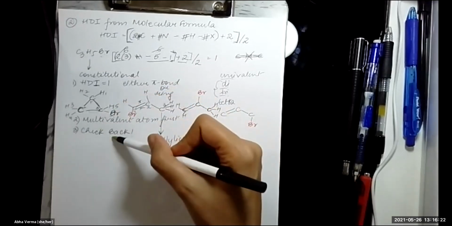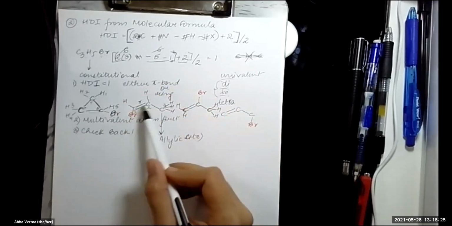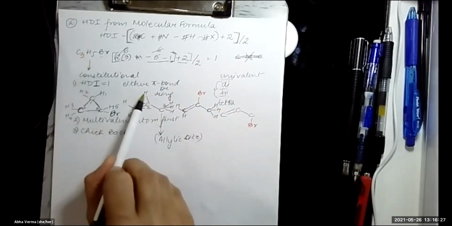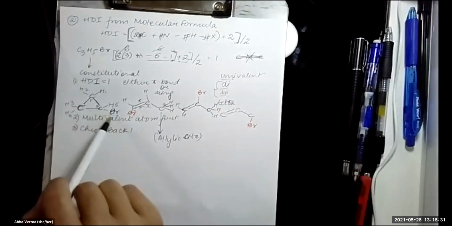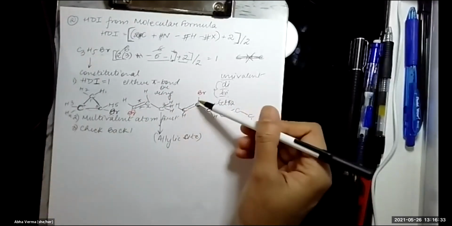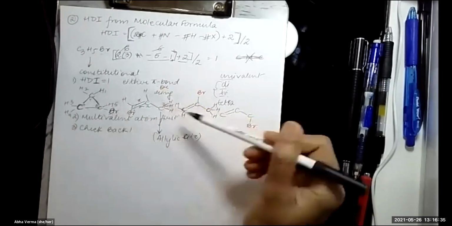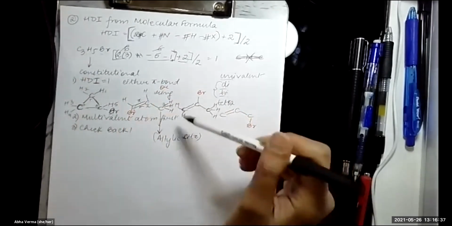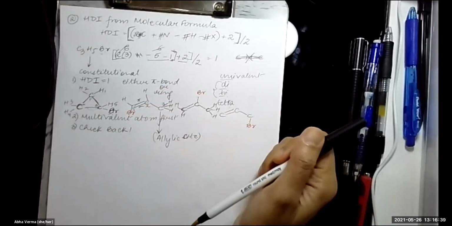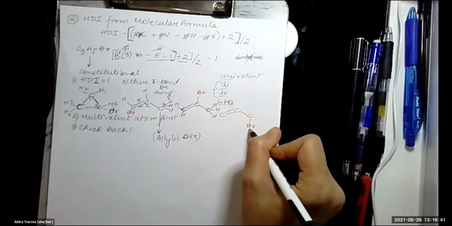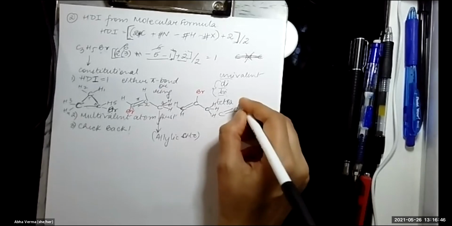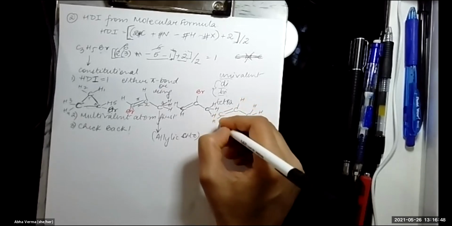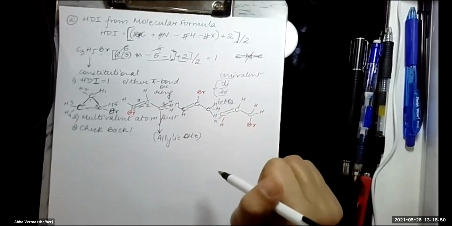Let's always check back. 3 carbons, yes. 1, 2, 3, 4, 5 hydrogens, yes. 1 bromine, yes. What about this? 1 bromine, yes. 3 carbons, yes. 5 hydrogens, yes. Similarly, 3 carbons, 1 bromine, 1, 2, 3, 4, 5 hydrogens.